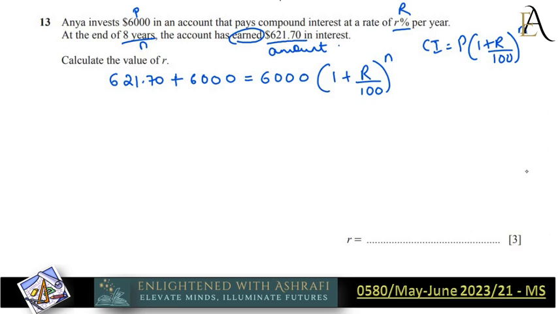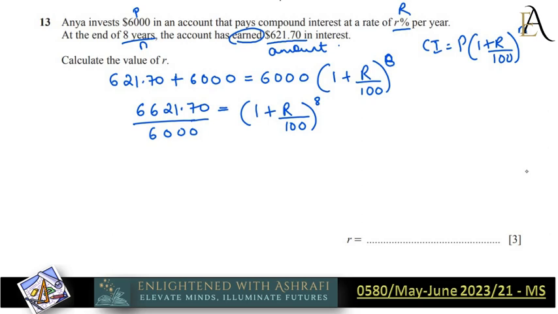Now this becomes 6621.70 equals to, let's take the 6,000 below, and here we have (1 plus R upon 100) raised to n, which is 8. So this becomes 8.